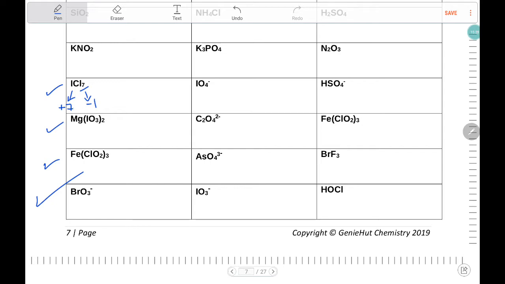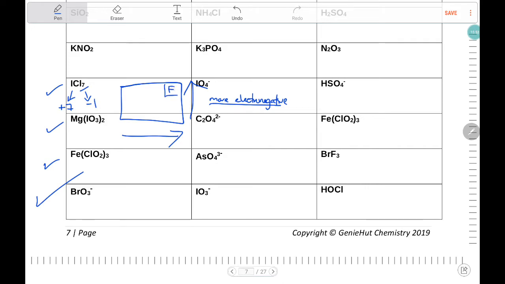In case you've forgotten, how do we know who is more electronegative? From the periodic table, as we move to the right, as we move upwards, they get more electronegative. That's a trend. You need to know the general trend. So, excluding noble gases, who is the most electronegative element?